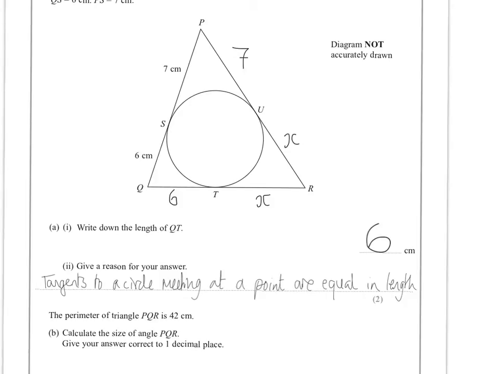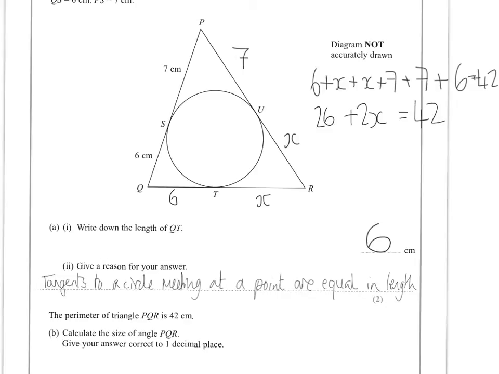Equally, we know the perimeter is 42. So the distance all the way around the edge must be 42, i.e. 6 plus x plus x plus 7 plus 7 plus 6 must equal 42. So simplifying the left hand side, 6 plus 7 plus 7 plus 6 is going to equal 26. x plus x, 2x, equals 42.